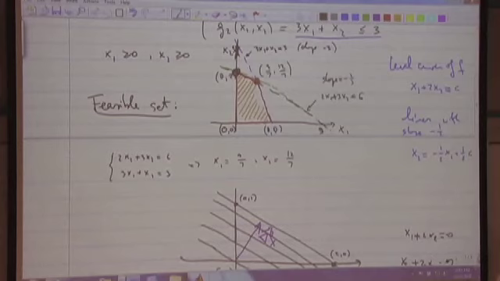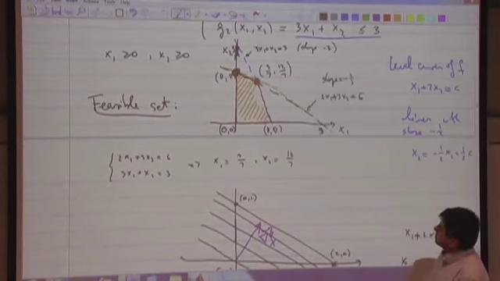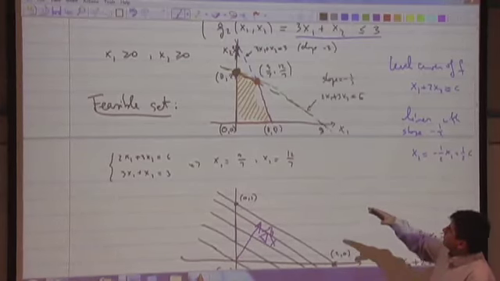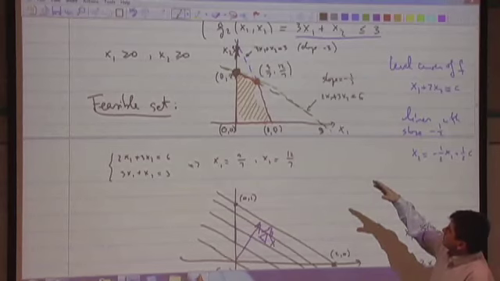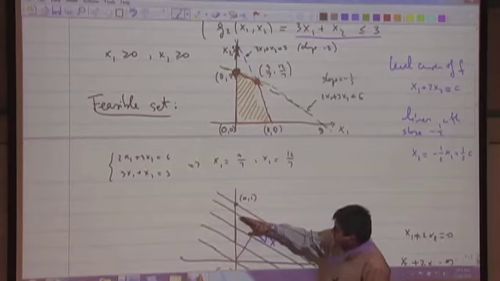Yeah. Which one? This? Well, these have predetermined slopes.